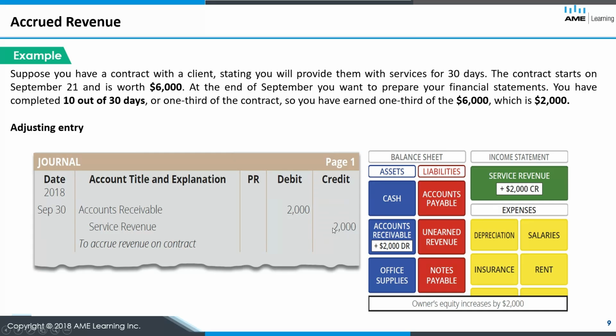And so that's where you get this kind of journal entry down here. So very similar to the normal transactions that occur in day-to-day business when you provide services or sell products and aren't paid yet. But sometimes it does fall more into our adjusting entry category when we're doing something like this, where we have to analyze a contract and figure out whether we've recorded all of the revenue.